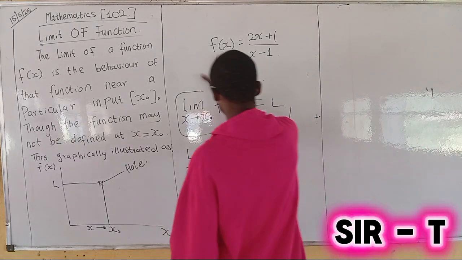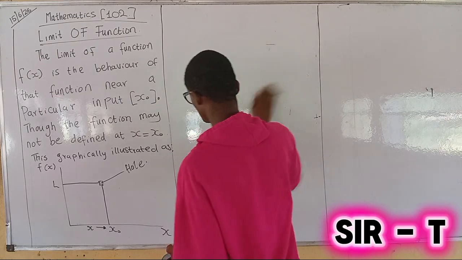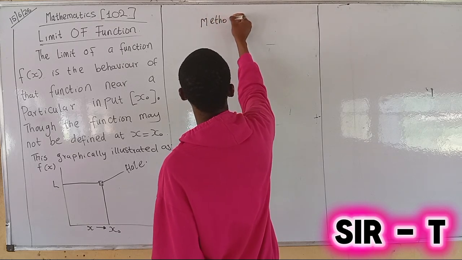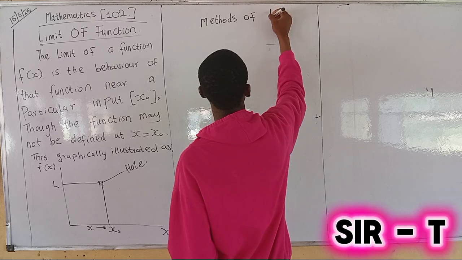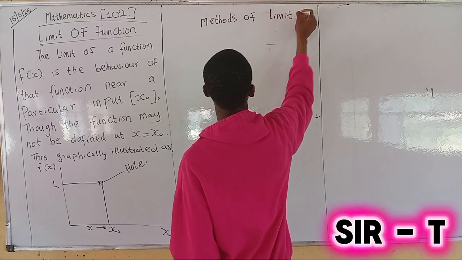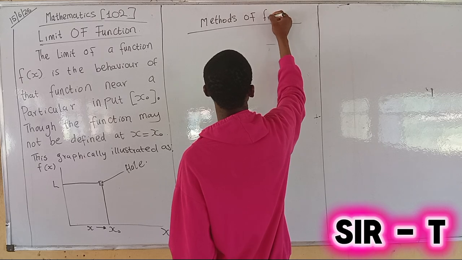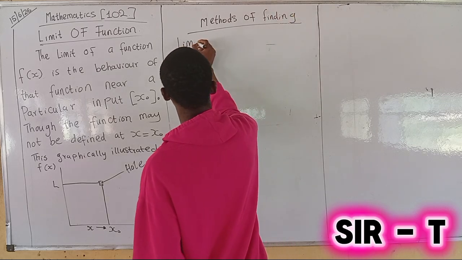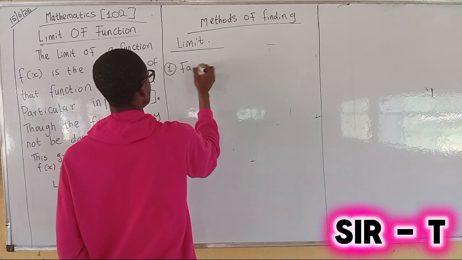So what are the methods of finding limits? Number one, we have the factorization method.